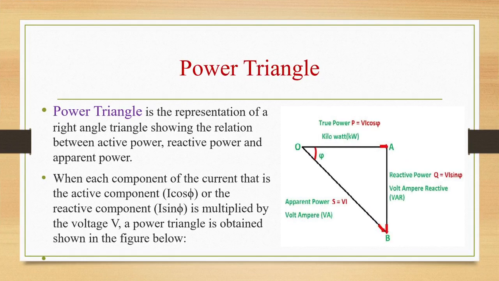We have seen the power triangle. The power triangle is a representation of a right angle triangle showing the relationship between active power, reactive power and apparent power. When each component of current, the active component or the reactive component, is multiplied by voltage, the power triangle is obtained.